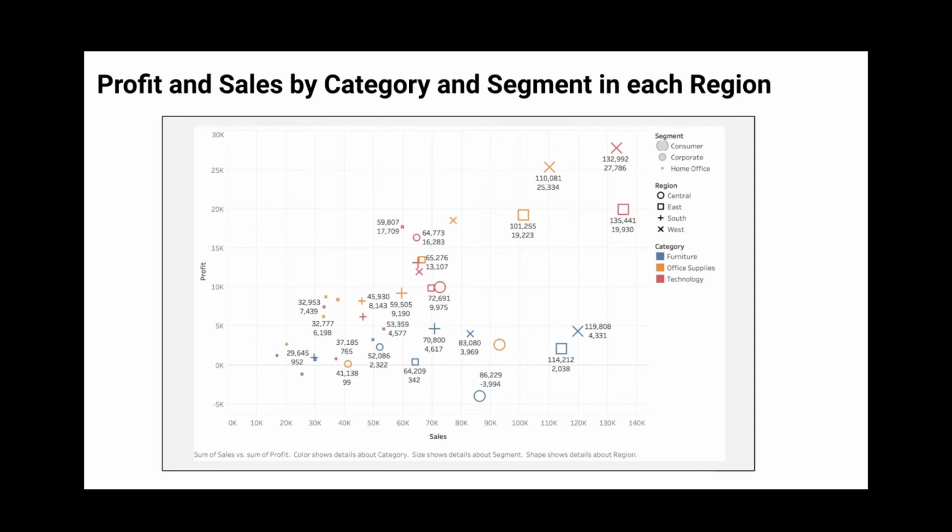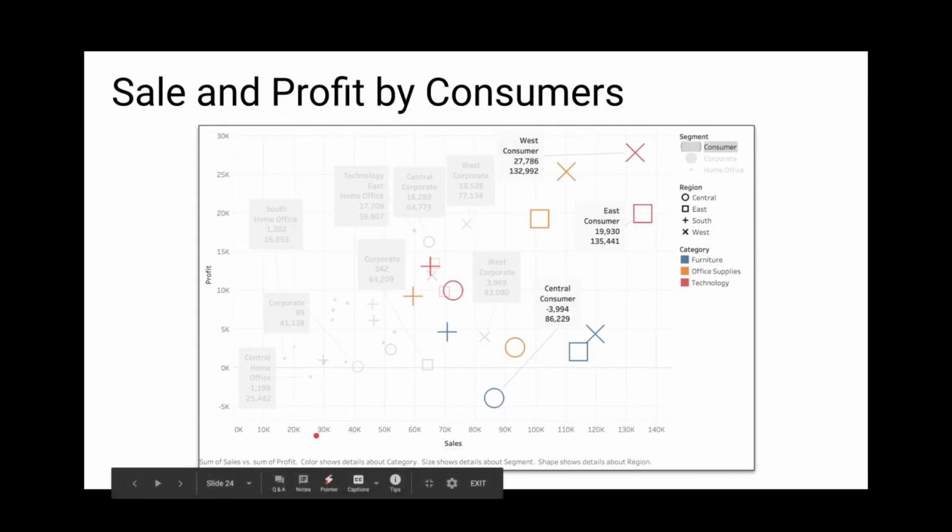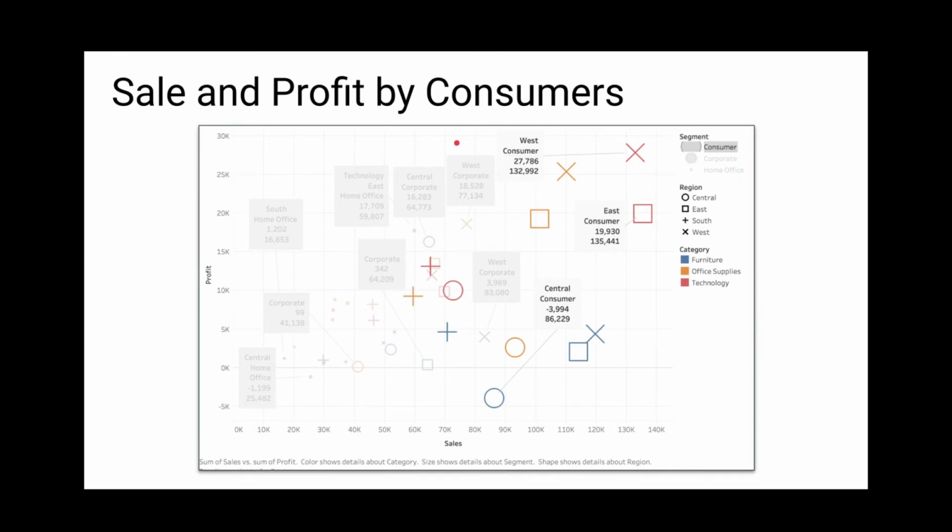So in this slide, I have just taken a screenshot to show how the consumers are doing, how the company is getting the sales and profit from the consumer segments of the customers.